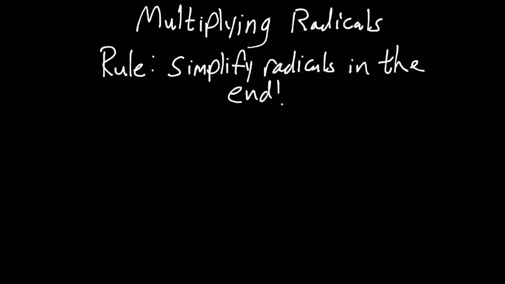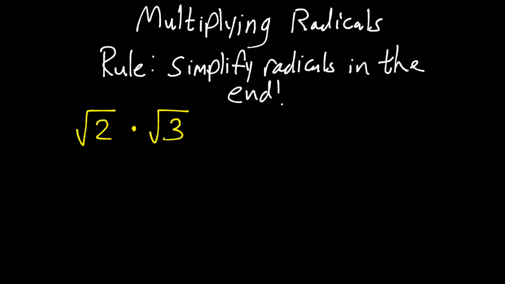So let's look at that original problem that I did, which was the square root of 2, but instead of adding the square root of 3, we're going to multiply by the square root of 3. Multiplying radicals is much simpler in this case. I don't have to worry about these numbers being the same. I can just multiply them together. So what's the square root of 2 times the square root of 3?